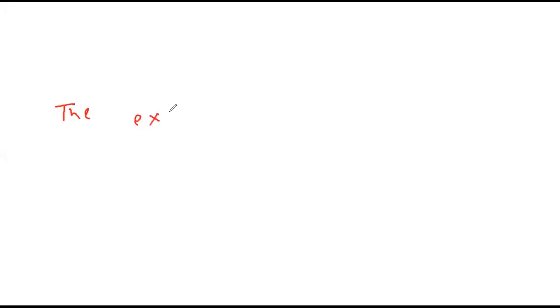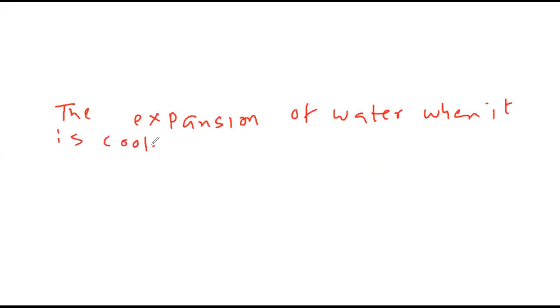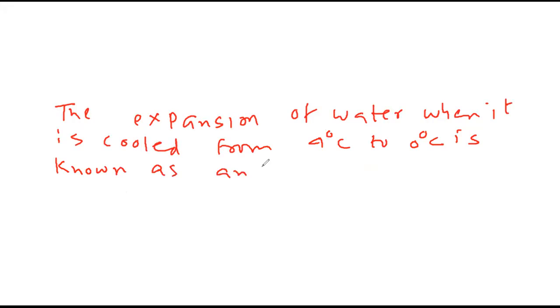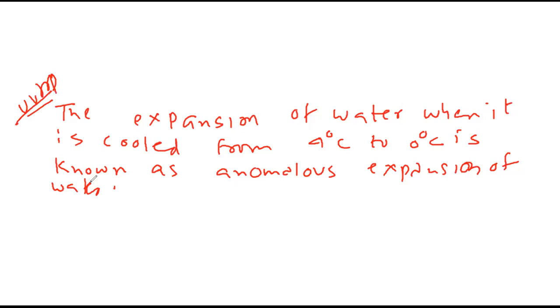The expansion of water when it is cooled from 4 degrees Celsius to 0 degrees Celsius is known as anomalous expansion of water. 101% this will come in the exam, and teacher will find your mistake to cancel that 1 mark.